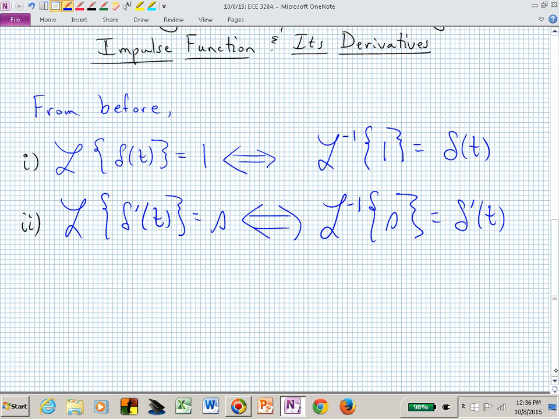And these are going to arise when we have improper transfer functions or transforms.